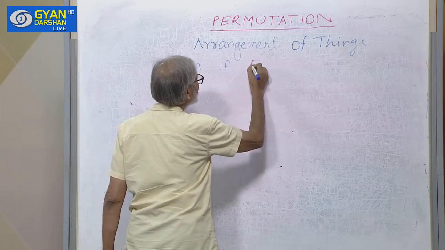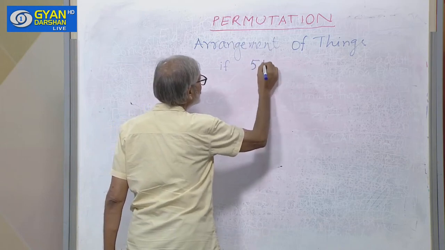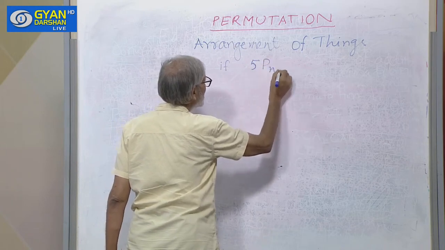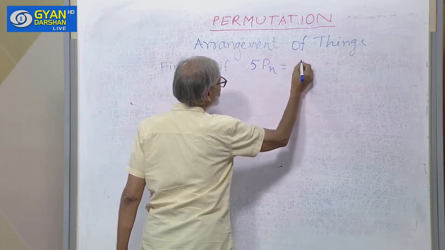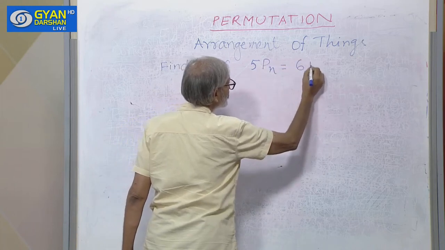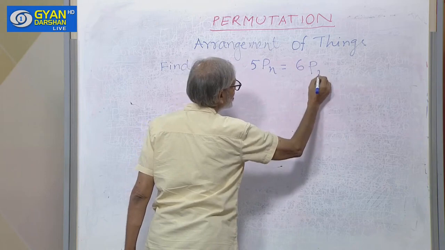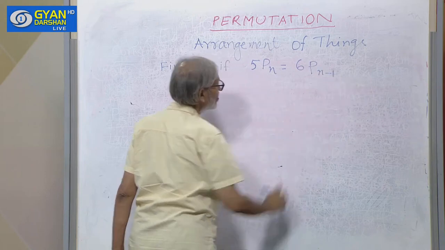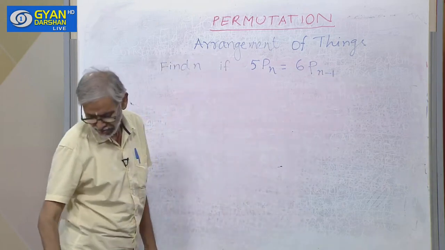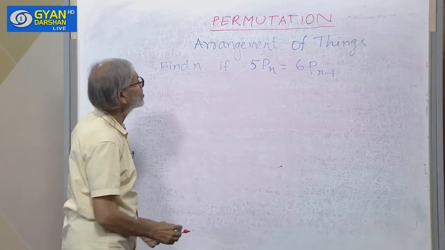It is given that 5Pn is equal to 6P(n minus 1). Okay. Let us solve it.